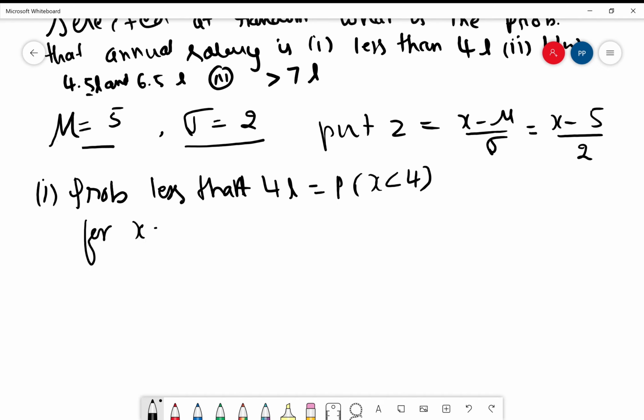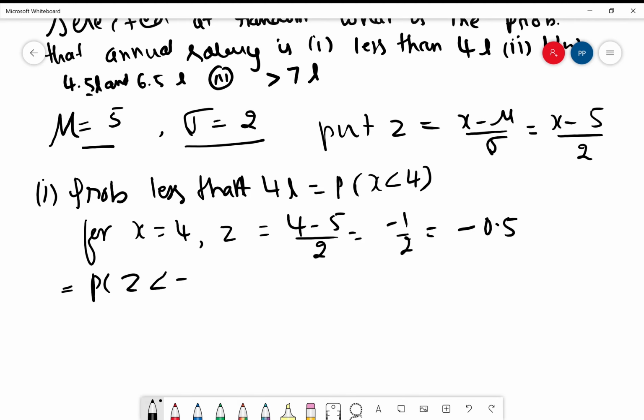For x equals 4, what is z? 4 minus 5 by 2, that is minus 1 by 2, that is minus 0.5. Therefore, this is the same as P of z less than minus 0.5, which equals the probability of minus infinity less than z less than minus 0.5.